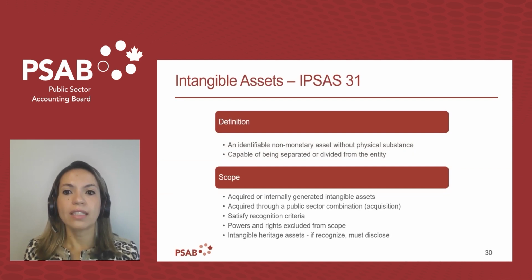Not all items meet this definition of intangible assets under IPSAS 31. An identifiable intangible asset is one that is capable of being separated or divided from the entity and sold, transferred, licensed, rented, or exchanged, or arises from binding arrangements that are contracts.